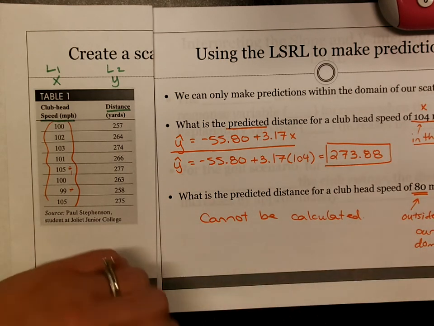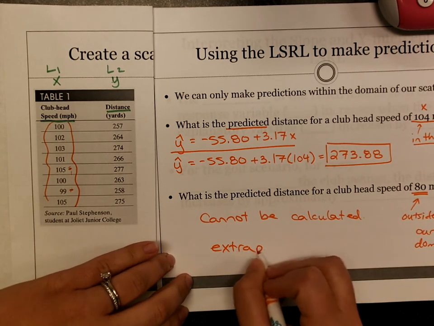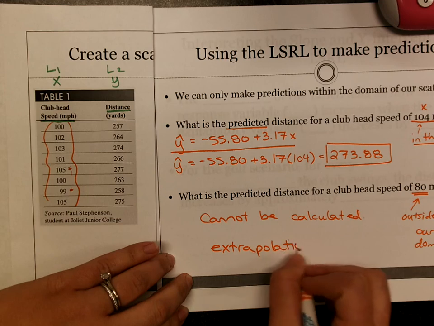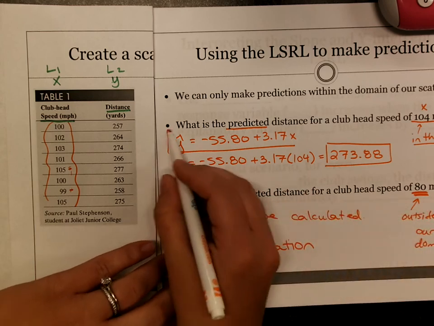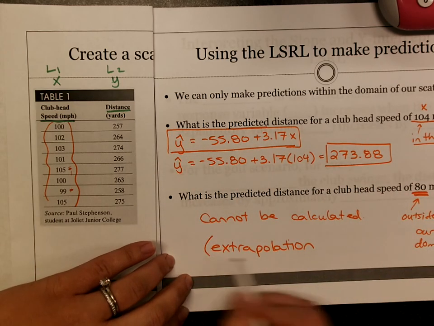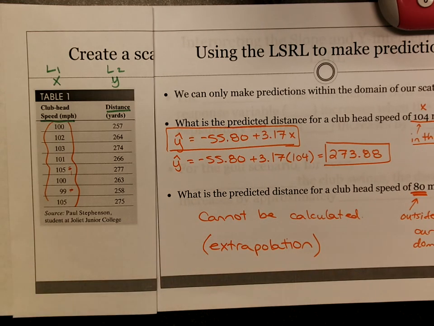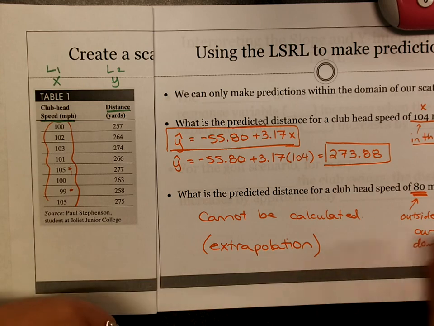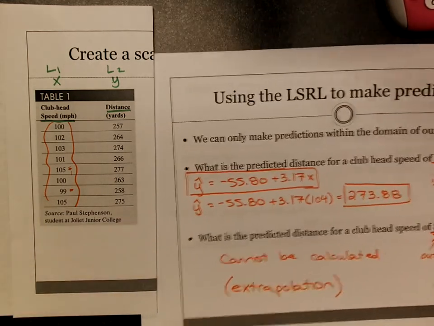It's called extrapolation, if you've heard that word before. Extrapolation means you're going way far beyond your domain, maybe too low or too high, and the prediction line you were using does not fit outside of your domain. I don't know if this textbook mentions that word, but that's the word used when you're going outside of your domain. All right, so that's using it to make predictions.